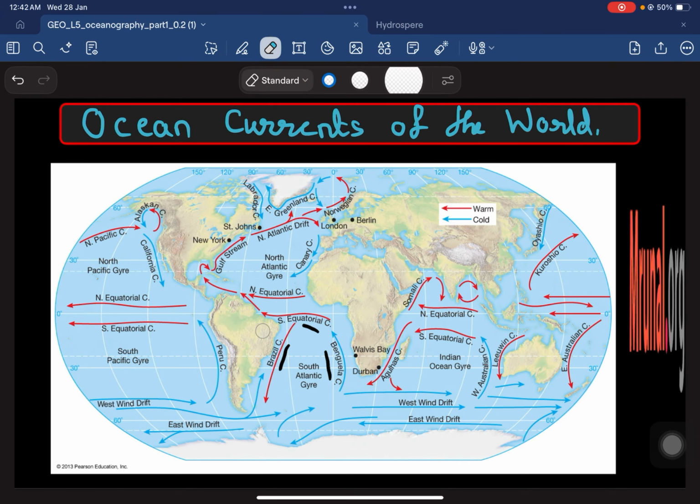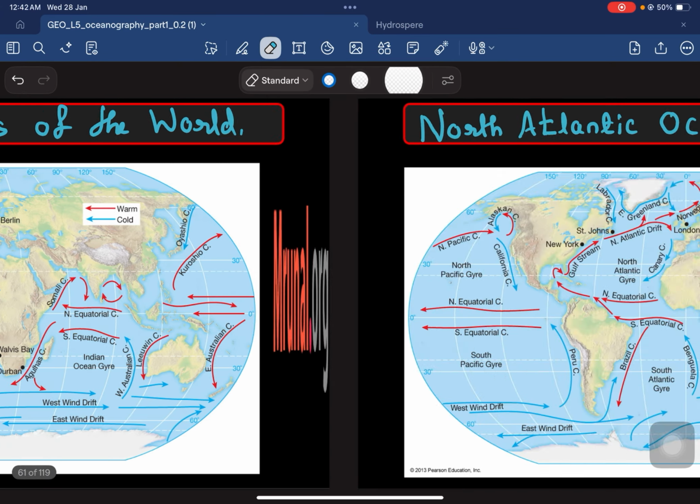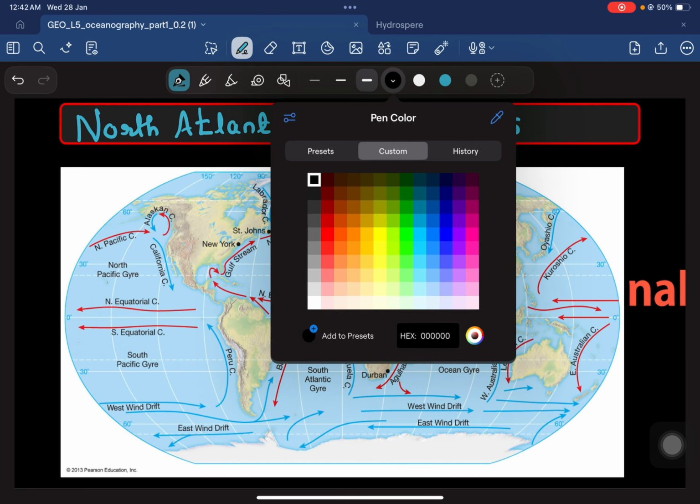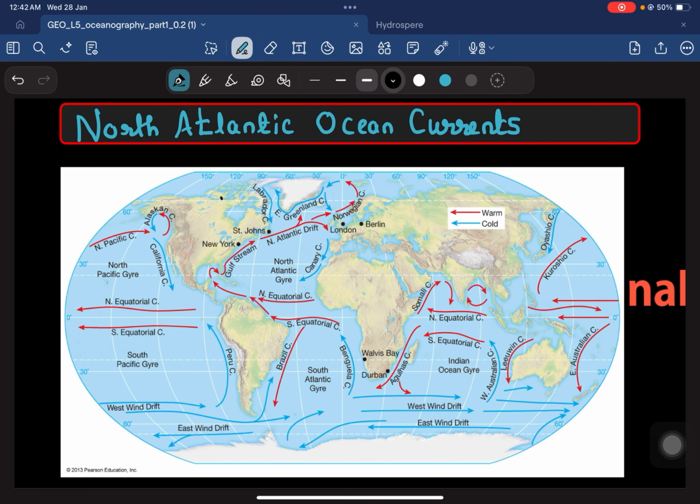Now, one by one, I will discuss the currents. See here, first one is the North Atlantic current. You just focus here. This is the North Atlantic Ocean, right? The North Atlantic Ocean currents start from the North Equatorial current.